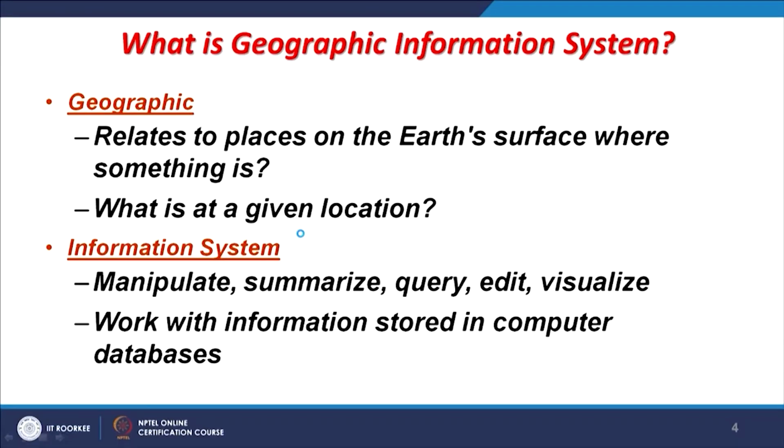Now, the two more terms together, information systems, because as we will see, the definition of GIS contains that it is a computer based information system. So, computers have to be used, and for that we use systems, and this whole thing falls in the category of information system.